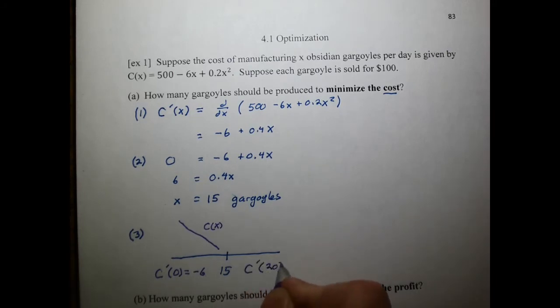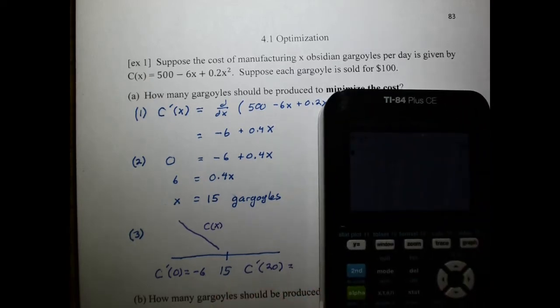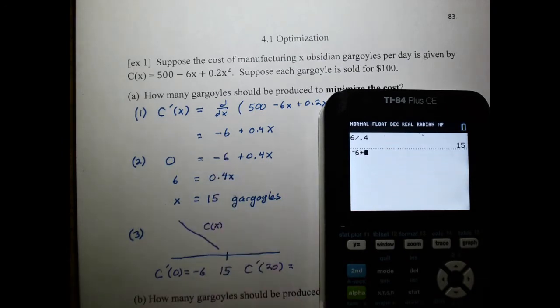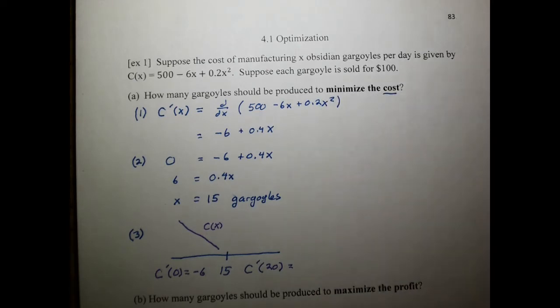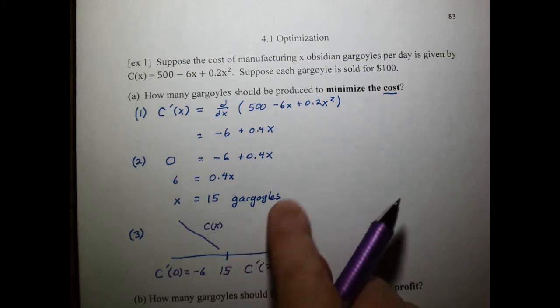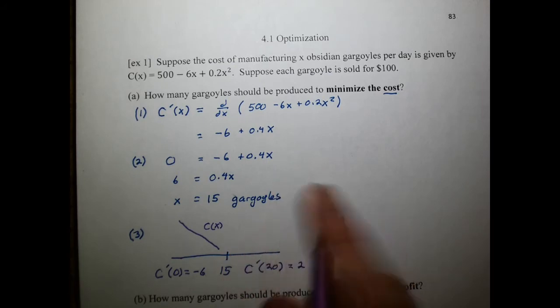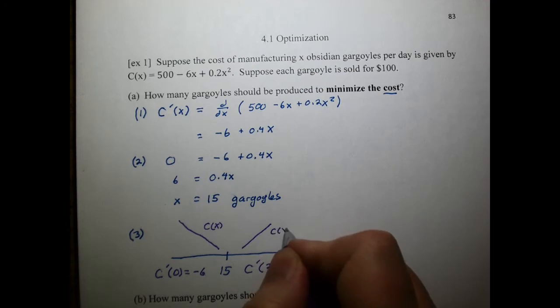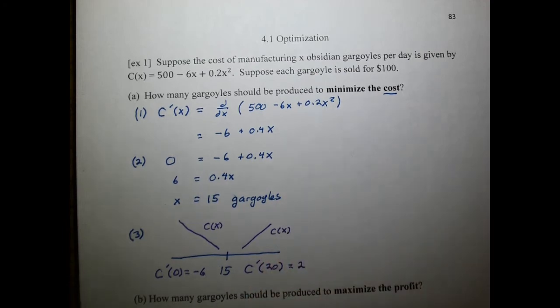And we could test this side. I'll use 20 for x. And this goes in the derivative, so negative 6 plus 0.4 times 20 is positive 2. And if the derivatives are positive for this whole region, the slopes of the tangent lines look like this, which can only occur if the original function is increasing.